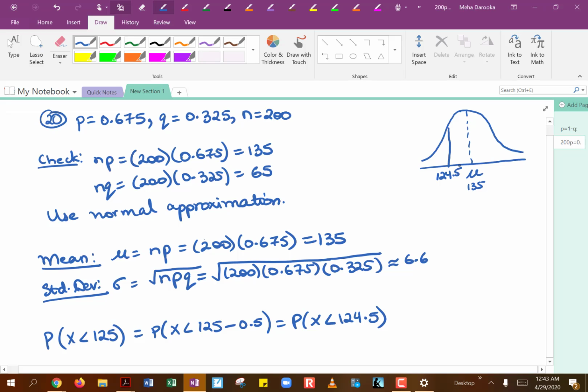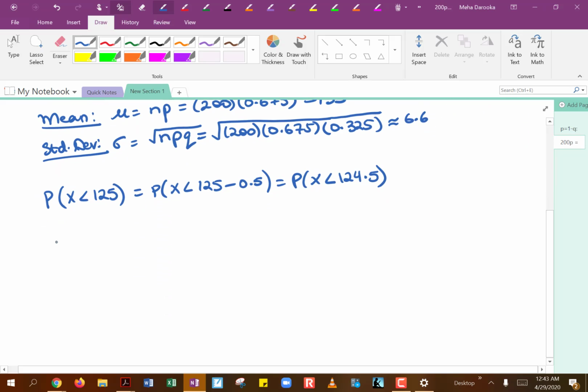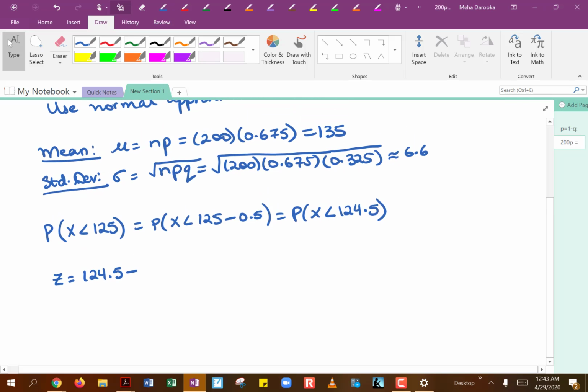Alrighty, so let's see what this probability comes out to be. We need to find our z-score. So that's 124.5 minus 135 divided by sigma, which is 6.6. So we subtract the numbers on the top, divide by 6.6, and our rounded answer is coming out to be negative 1.59. So let's see what area this gives us.